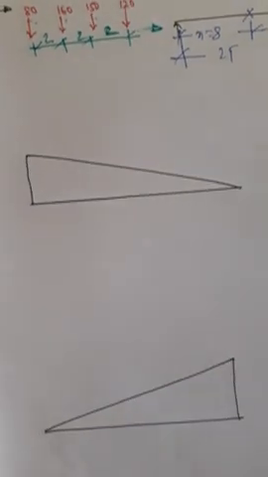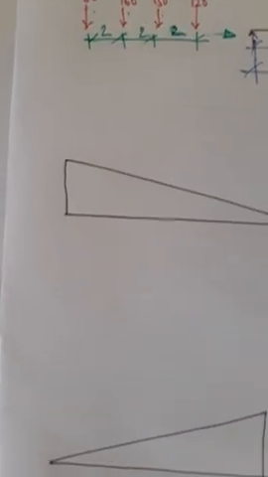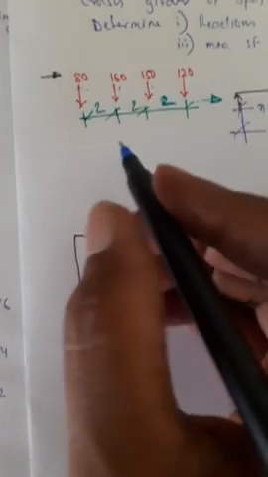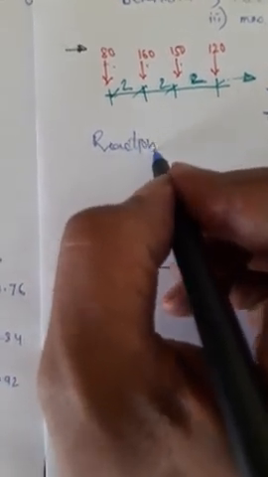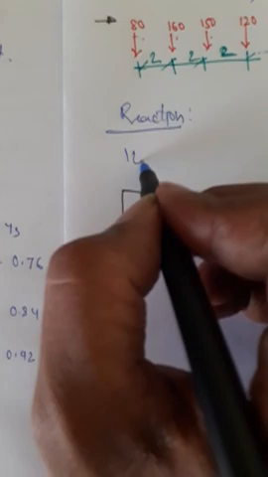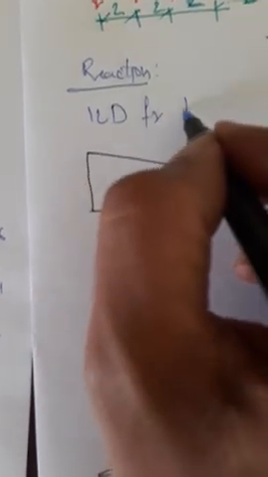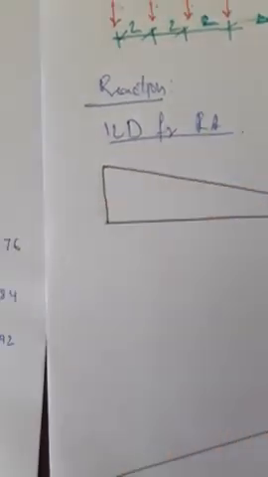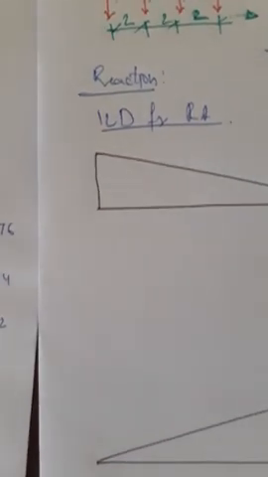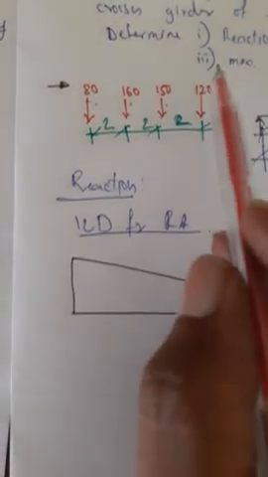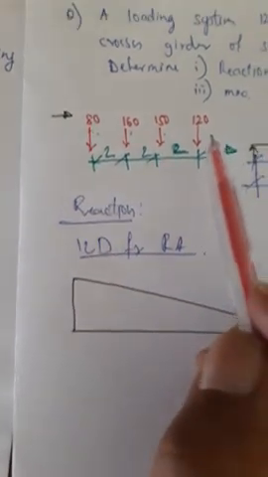Now as usual we'll start with the reactions first. Under that, ILD for RA. Now usual procedure. You have to place this loading system, 120 is leading.